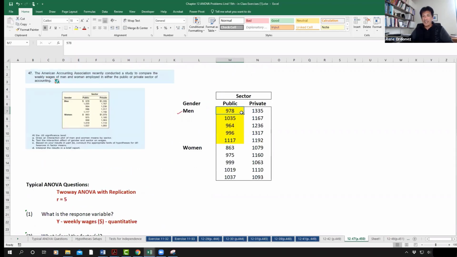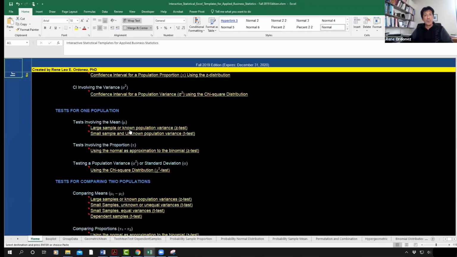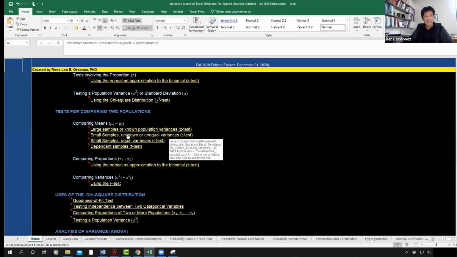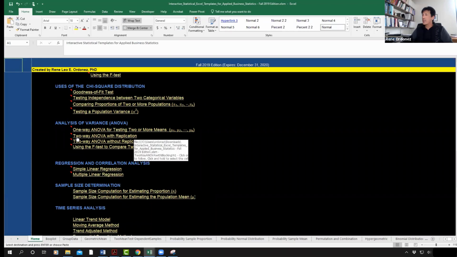Okay, I'm going to copy these and go to the template. So here's the template that we will be using. Two-way ANOVA with replication is what we will choose. Select that.